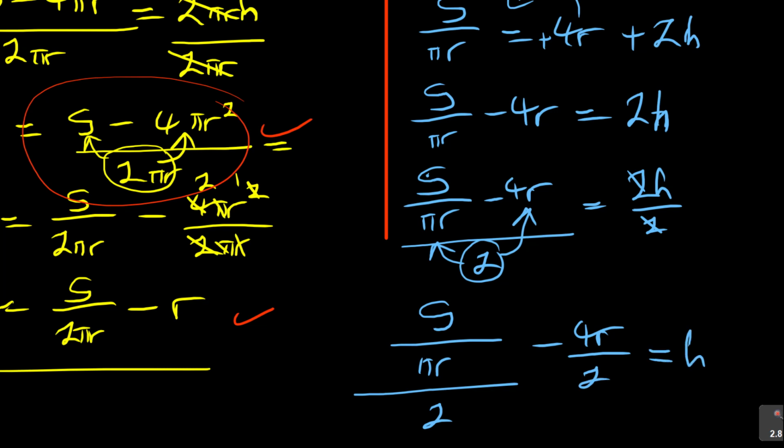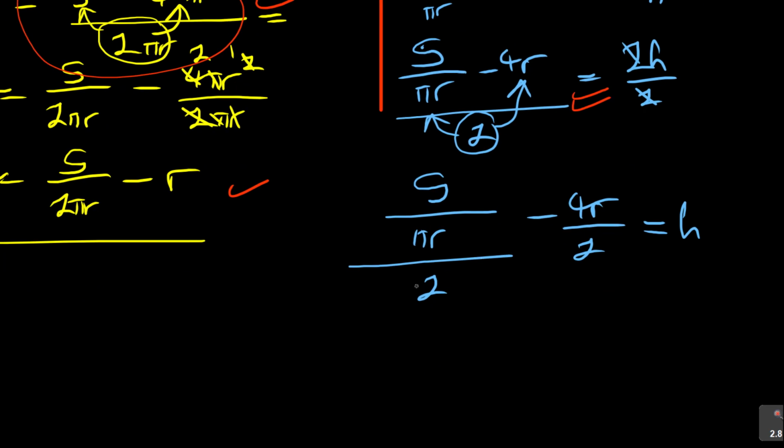So if you left your answer here, they can still mark you here to say you've got h, but it's more professional to take it further. This 2 goes there so that you become s over 2 pi r minus 2 into 4, it's 2, minus 2r is equal to h.